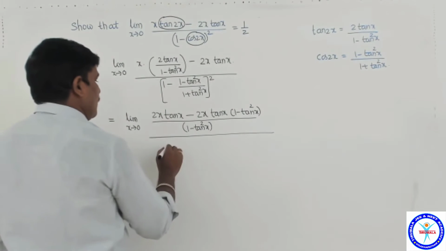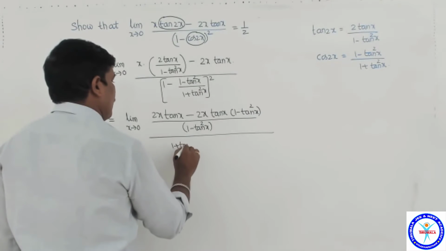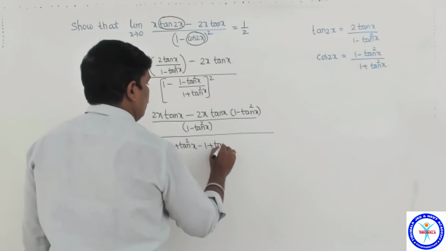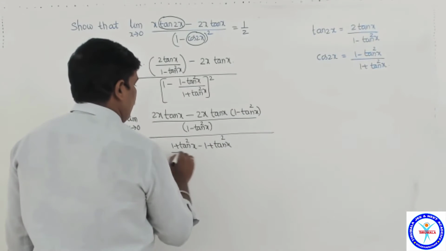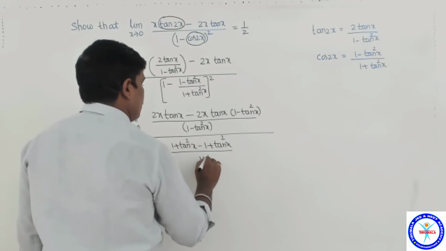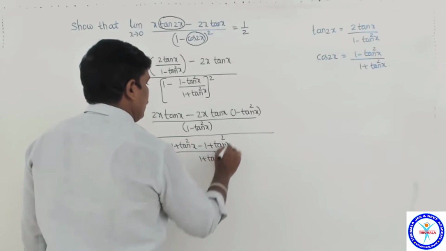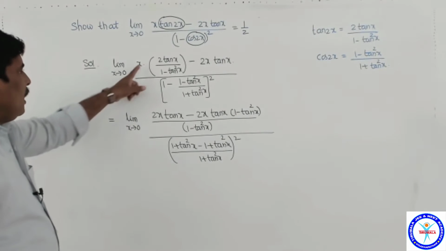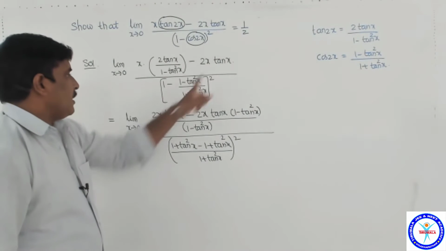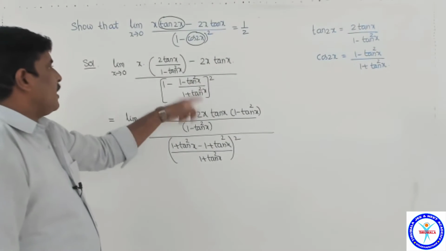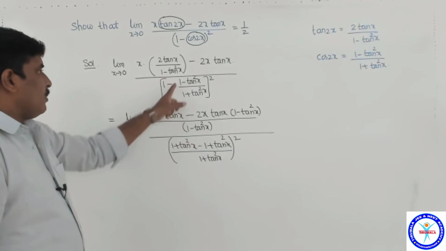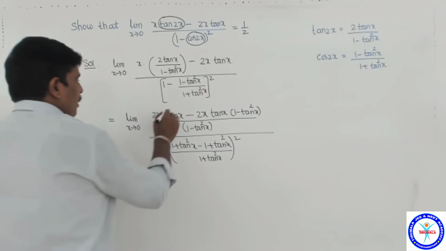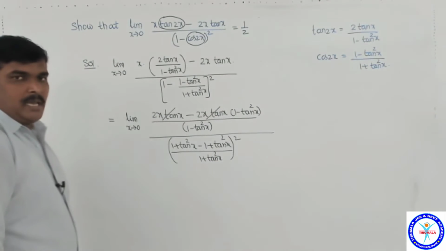So now let us take the LCM. So (1 plus tan square x) minus (1 minus tan square x) divided by (1 plus tan square x) whole square. See, 2x tan x minus 2x tan x into (1 minus tan square x) by (1 plus tan square x), minus (1 plus tan square x) by (1 plus tan square x) whole square. Now 2x tan x cancels.